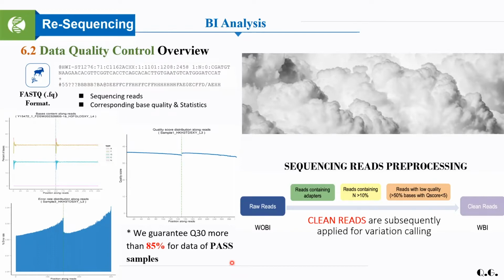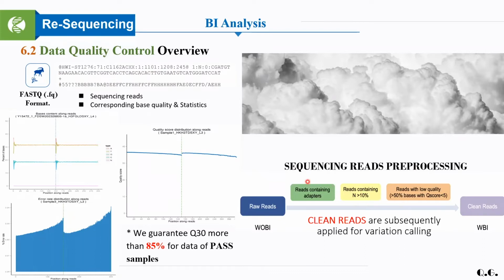In the data filtering, in order to obtain the qualified clean data, raw reads are trimmed to filter out the low quality reads and contaminated technical sequences, such as adapters, PCR primers, and fragments thereof. And this figure illustrates 3 criteria that were applied for the data filtering in detail.